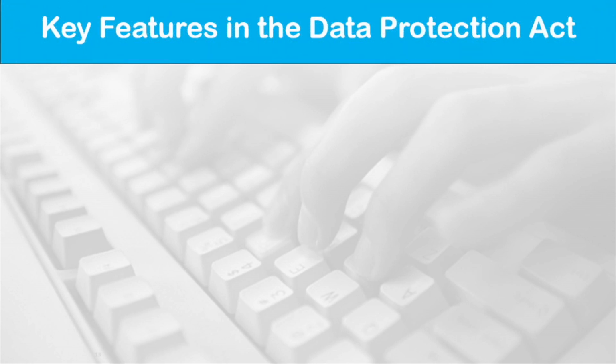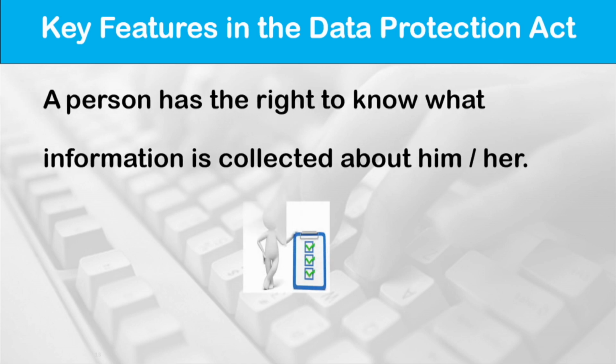We continue our lesson with the key features in the Data Protection Act. The first feature is that a person has the right to know what information is collected about him or her.